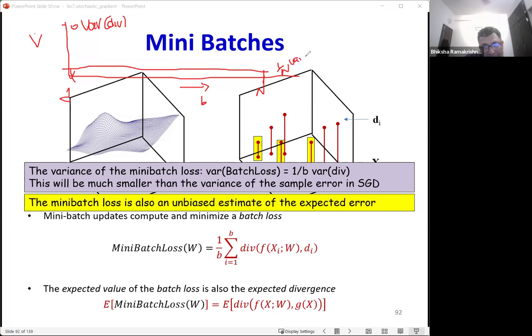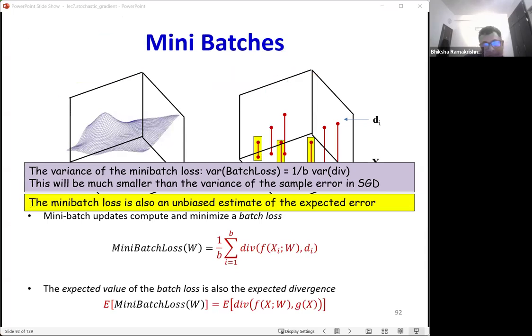As you keep increasing the batch size, you will find that this curve falls very quickly, like so. And so there's a sweet spot somewhere around here where your batch size is large enough that you're not very far from this variance, and yet small enough that you can get the advantages of incremental updates. That makes sense to everybody?